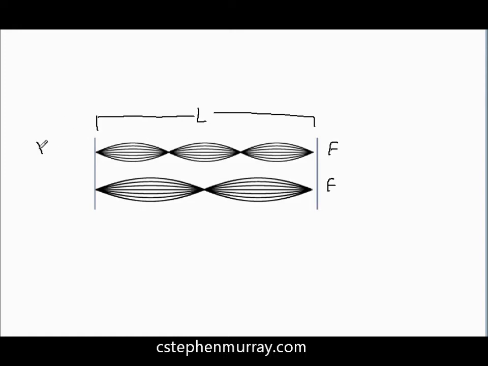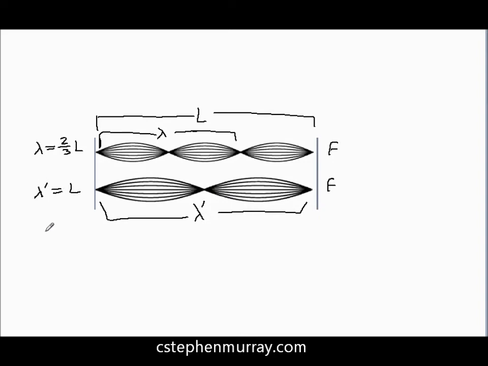Here our wavelength is 2/3 L, because this is one wavelength from here to here. But down here, the whole thing is one wavelength, and we'll call that lambda prime. So the wavelength prime just equals L.